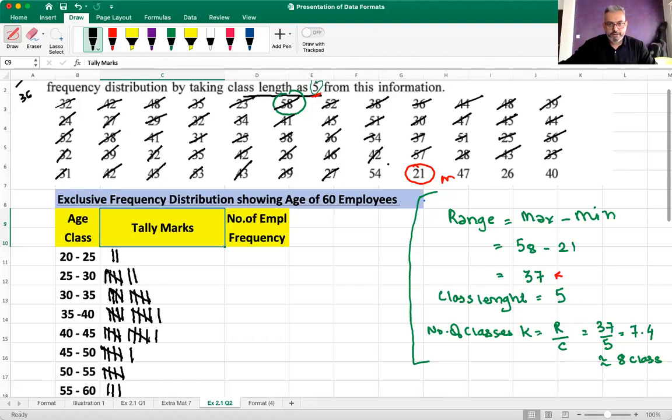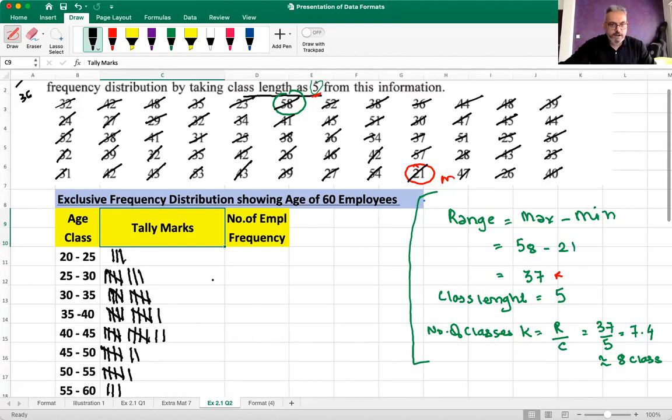39, 35 to 40. 27, 25 to 30. 54, 50 to 55. 21, 20 to 25. 47, 45 to 50. 26, 25 to 30. And 40, 40 to 45.